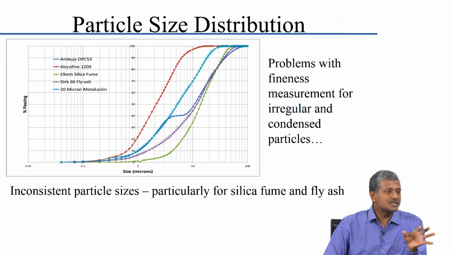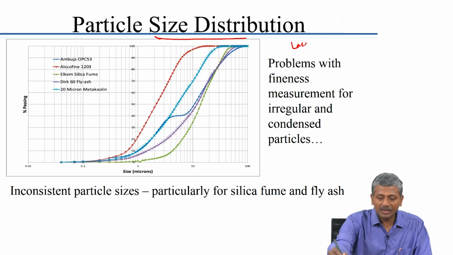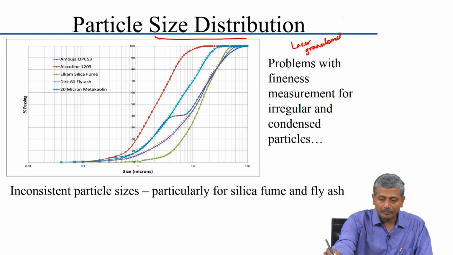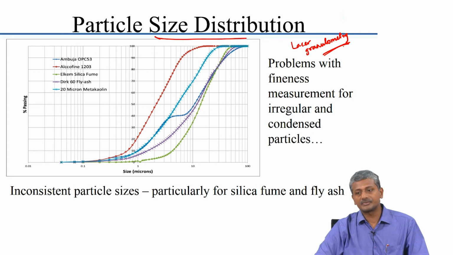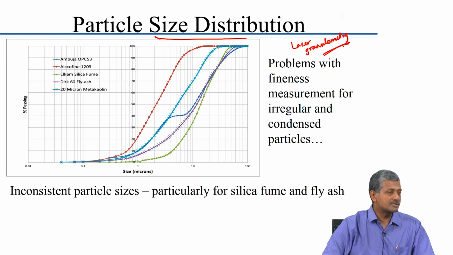Now, none of these tests come close to doing an actual particle sizing test. So, particle size distribution needs to be studied using laser granulometry. So, whenever fine powders are used in cementitious systems, you have to use laser based particle size analysis techniques.